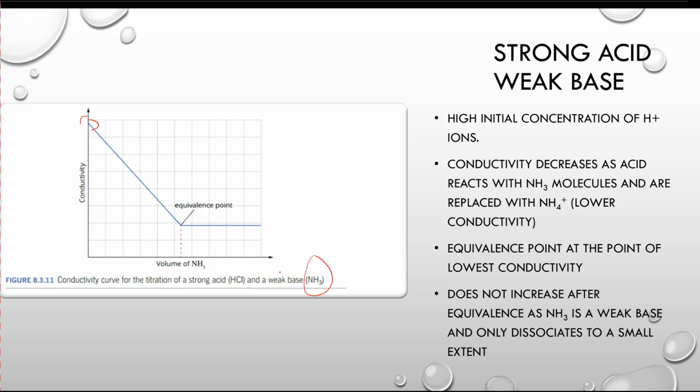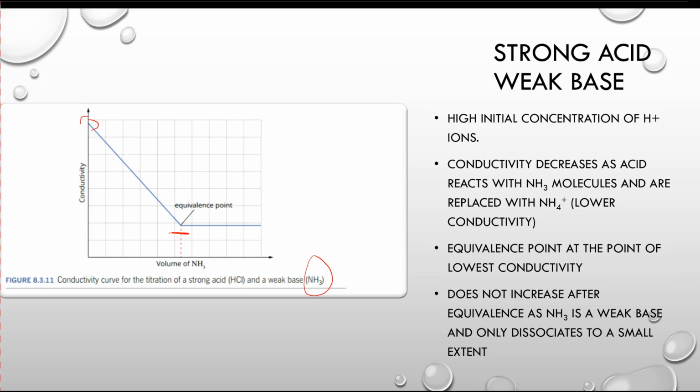As I'm adding some ammonia, the concentration of my hydrogen ions is decreasing because that hydrogen ion is bonding with our NH3 and producing an NH4 plus, which, relative to the hydrogen, is lowering conductivity, so it's going to decrease there.